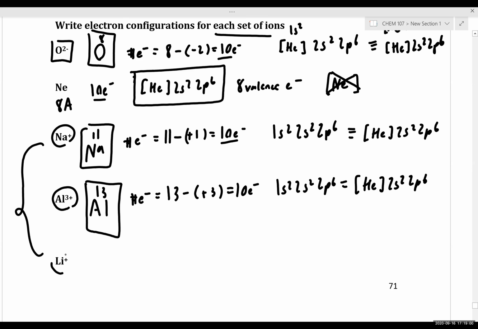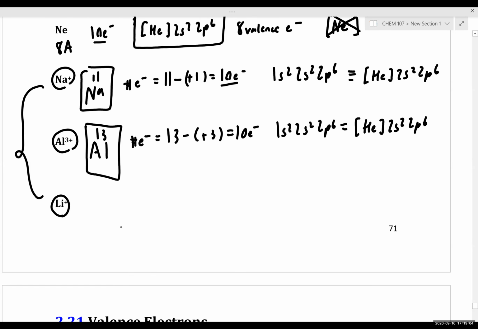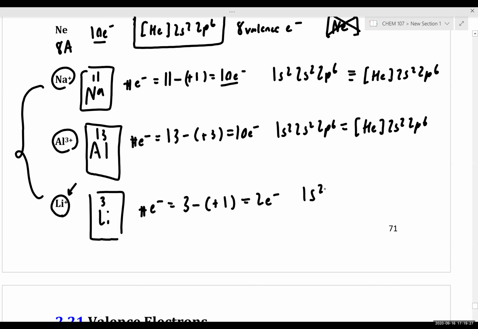Let's look at lithium now. What is the atomic number for lithium? 3, okay. But since it's lithium plus, our number of electrons is 3 minus the charge, which is +1. That gives us 2 electrons to work with, or a configuration of 1s2.